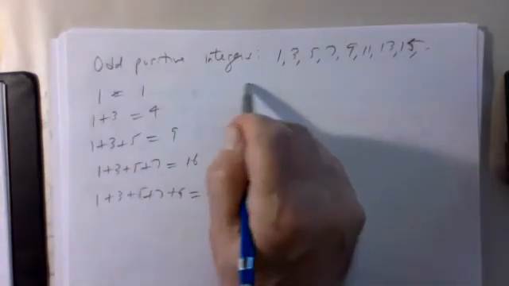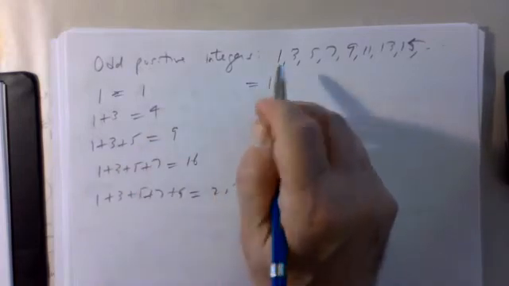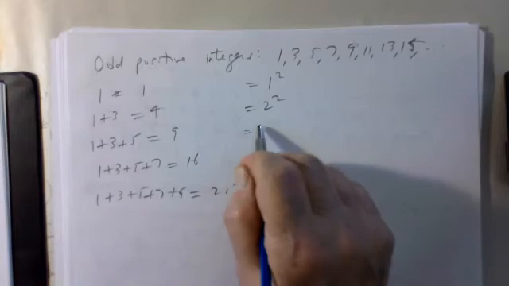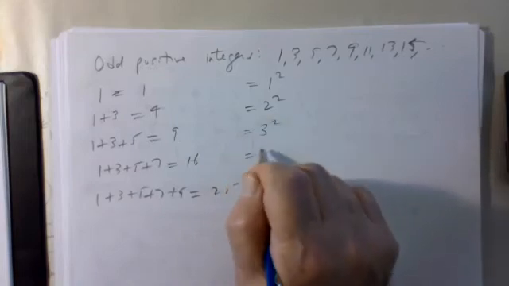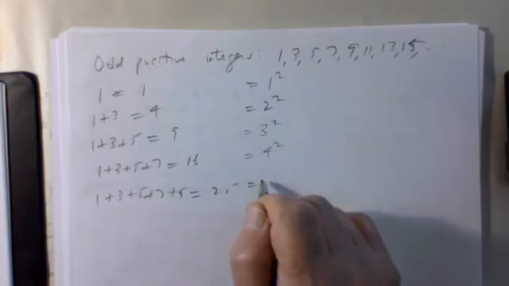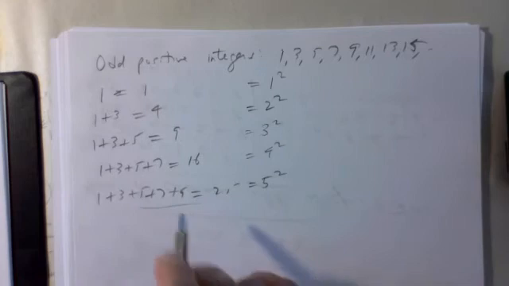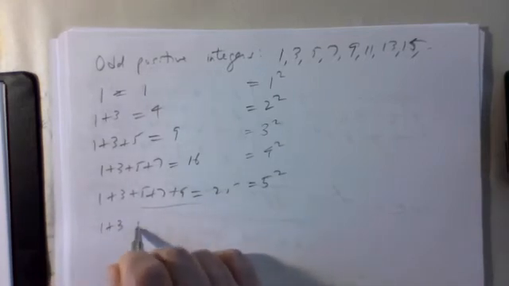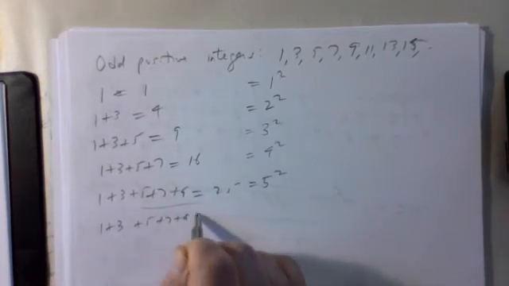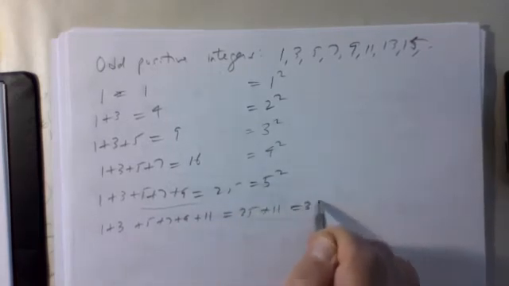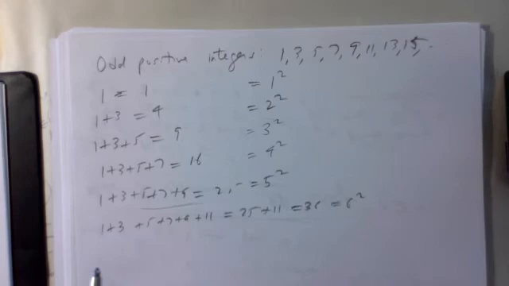And we can notice 1 is 1 squared. 4 is 2 squared. 9 is 3 squared. 16 is 4 squared. And 25 is 5 squared. Let's keep going. This is fun. I add 11. 25 plus 11 is 36, which is 6 squared.